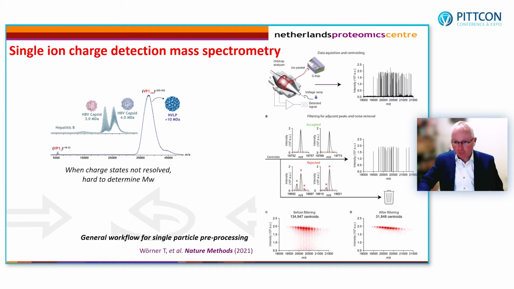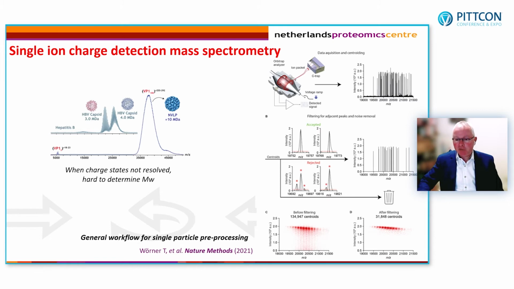Now, on the right, I show a little bit the workflow that we have. So we let only very few ions into the Orbitrap per scan. Not only 2 or 3, as I showed you before. Typically, we let a few hundred of these ions in, and we get a mass spectrum that you see at the top. Then we look at each individual ion, and we see if this ion is a survivor or if this ion decays while it's trapped in the Orbitrap.